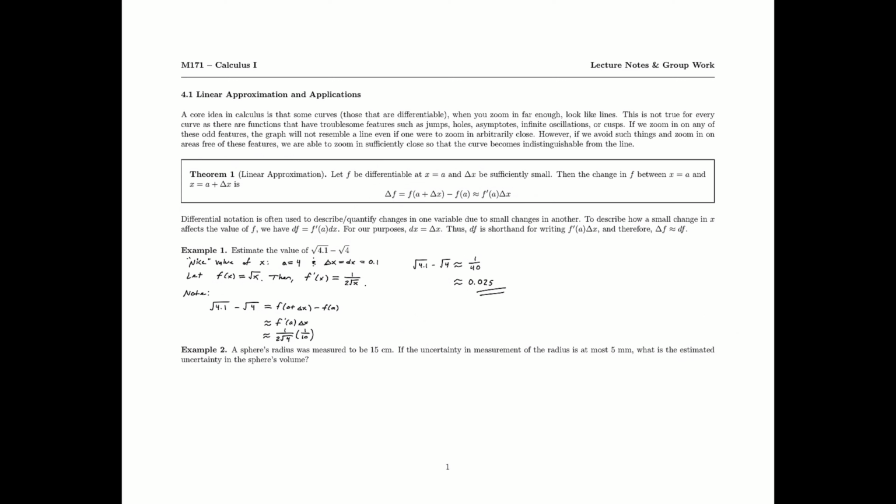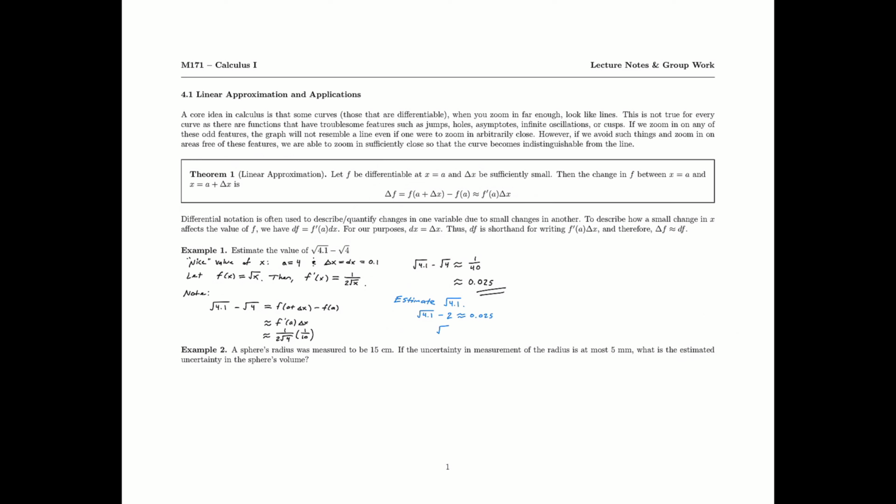There's a follow-up question that I sometimes ask for these, and the question might have just been, instead of estimating this difference, I might have just asked you to estimate the value of the square root of 4.1. Well, you would do everything that we've done so far, and you'd get this expression right here. This is approximately equal to that. So let's go ahead and do that. But what I'm going to do now is this square root of 4, I'm just going to write this as 2, because that's what square root of 4 is.